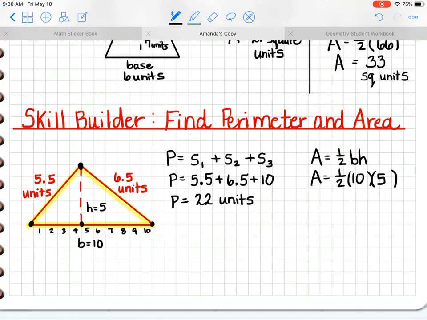Remember, area is inside, so we don't need the 5.5 and the 6.5. Those are different dimensions. We need the base and we need the height, and we need a calculator. So you can do 1/2 times 10 times 5, and you will get 25 square units for this area problem.